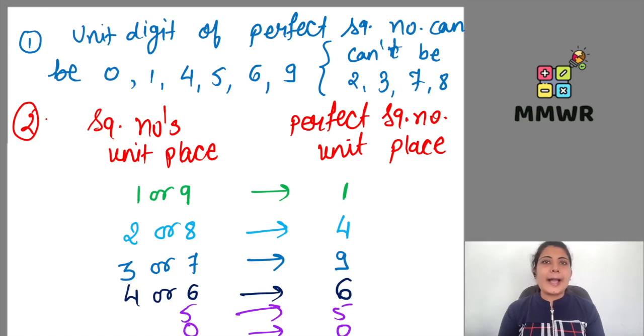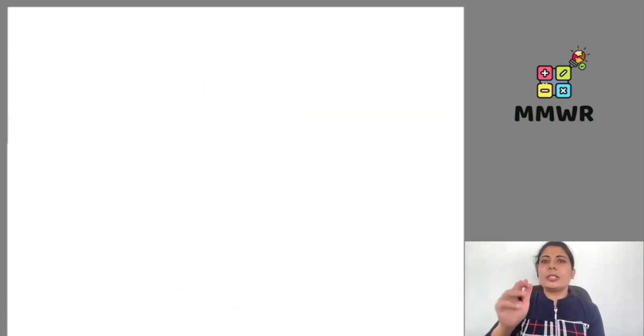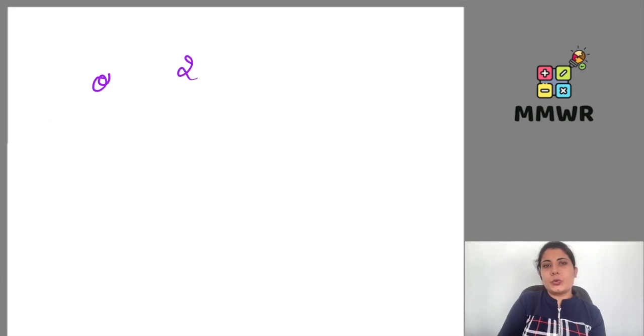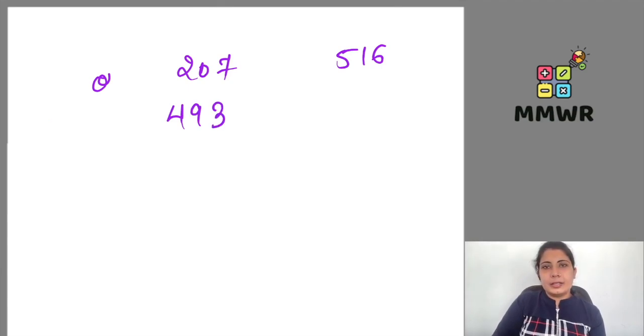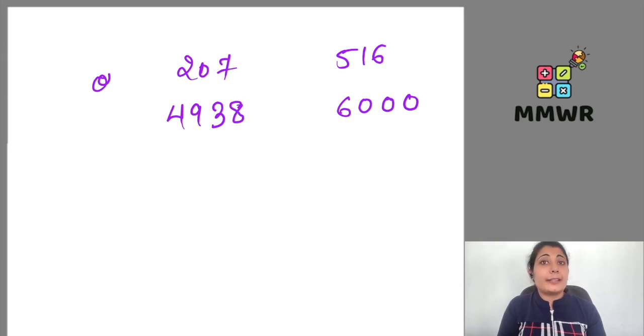That is why, whenever a number is given, we simply have to check the unit digit. If the question comes this way, out of these numbers, let's say 207, 516, 493, 4938, 6000, which can never be a perfect square?